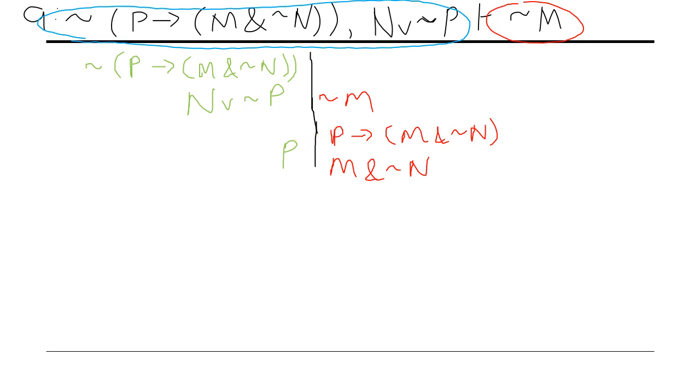So now we still need to break down our M and not N. So what makes an ampersand false is where one of them is false. So one of them is false. Then we just need to flip our N across the way. And so that is our first premise.